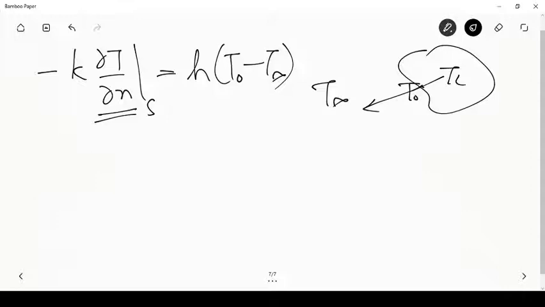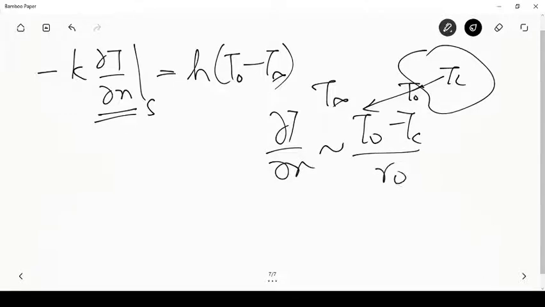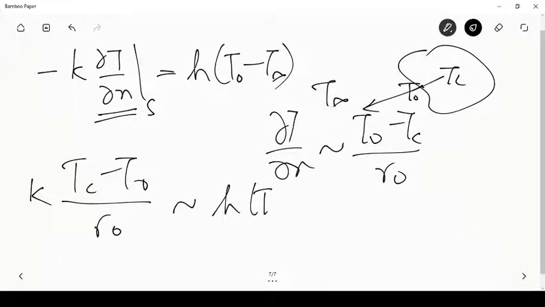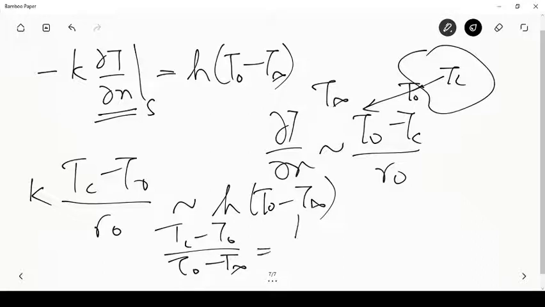So del T by del N is of the order of T0 minus Tc divided by R0, and if I use that here, it will become Tc minus T0 divided by R0, and there is a K here, and that is of the order of H into T0 minus T infinity. So if I group the temperatures to one side, I get Tc minus T0 divided by T0 minus T infinity is equal to H into R0 by K.